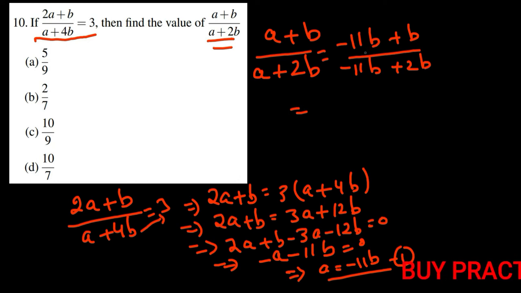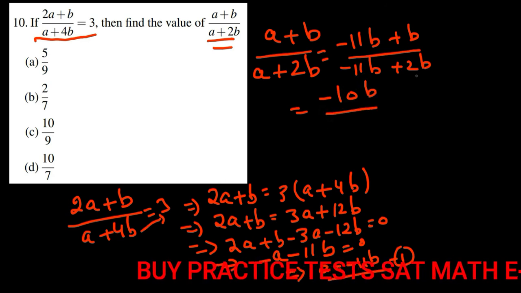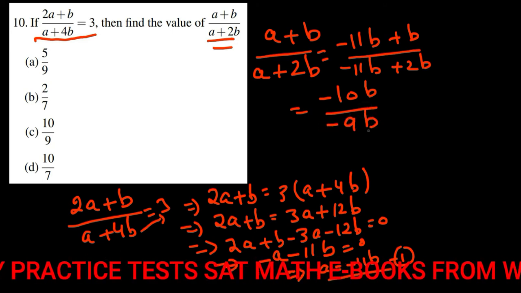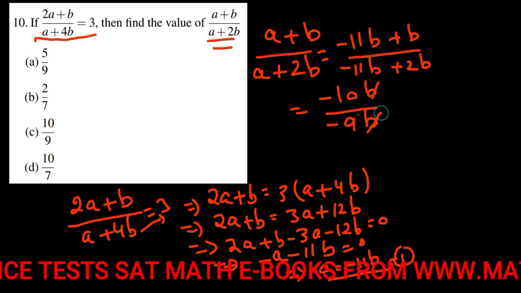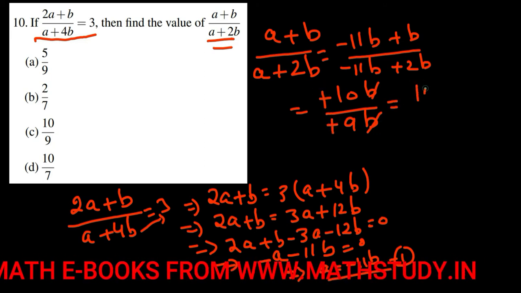Simplifying the numerator first, minus 11b plus b is nothing but minus 10b. Minus 10b upon minus 11b plus 2b, which is minus 9b. So b got cancelled here and minus minus is plus, right? So our answer is 10 upon 9.